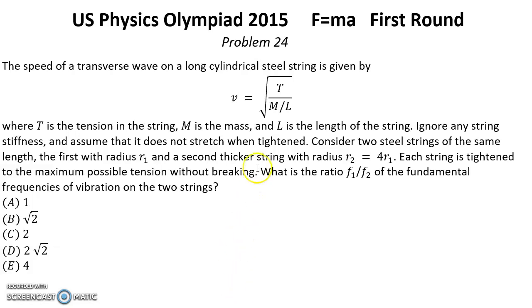So it means that in the numerator and denominator we increase 16 times. It means that the speed of the transverse wave will not change. And we have speed equal to fundamental frequency multiplied by wavelength, and because the strings have the same length, lambda will be the same. So it means that the answer is 1.